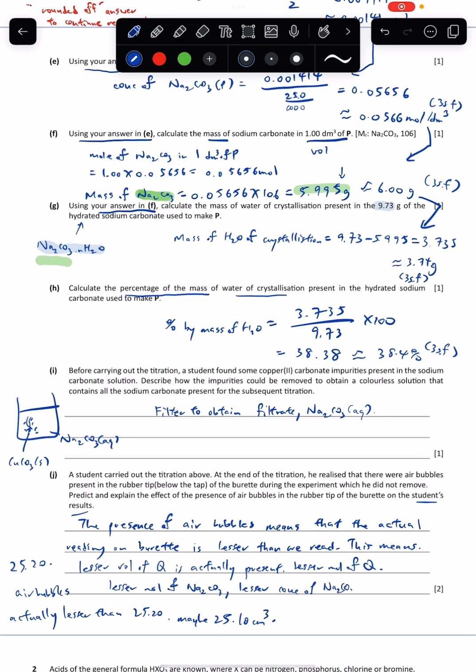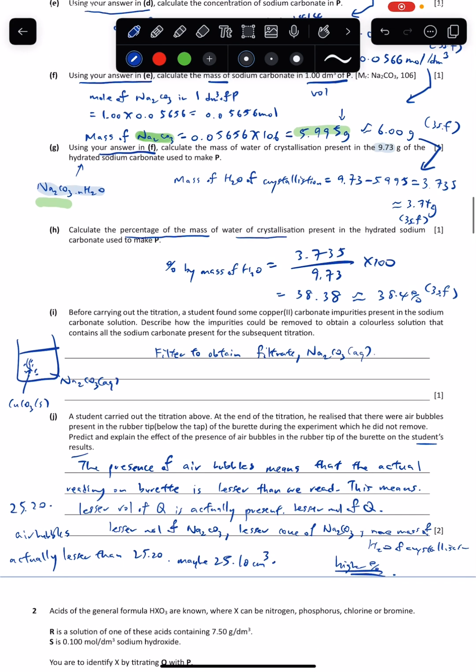So I'm writing down step by step how it affects each of them, which means more mass of H2O of crystallization. This means you end up with a higher percentage of water of crystallization. Yep, that's it.